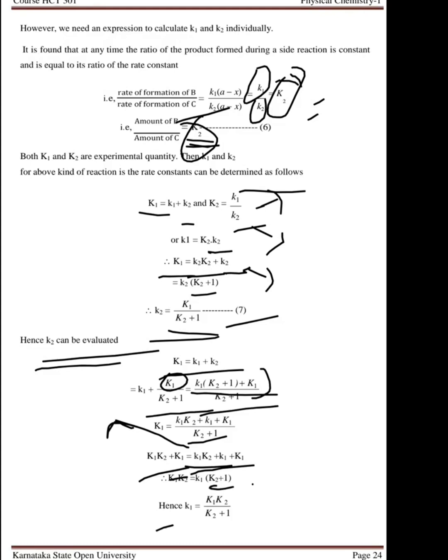So hence we will get k1 is equal to k1 and K divided by K plus 1. This is the rate constant.